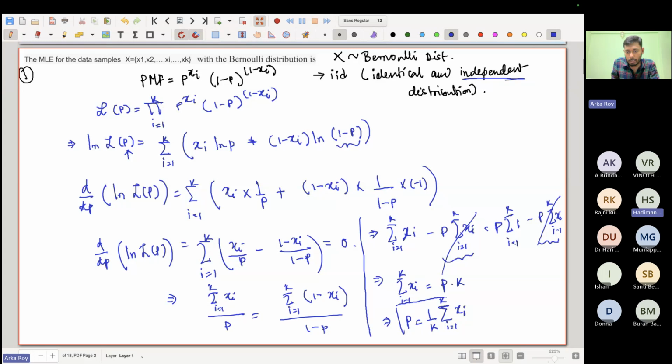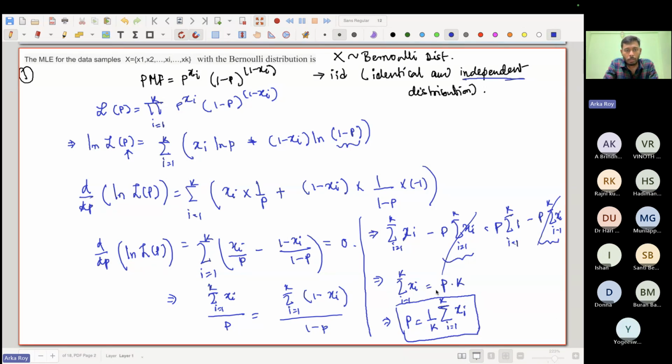So now you can see this particular estimated parameter p is basically the sample mean of this distribution of all the sample points. So therefore, the answer is p equals 1 upon k summation xi, i equals 1 to k.